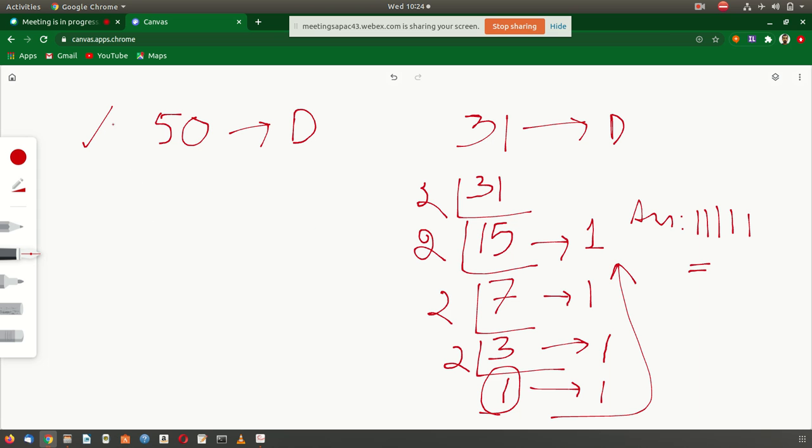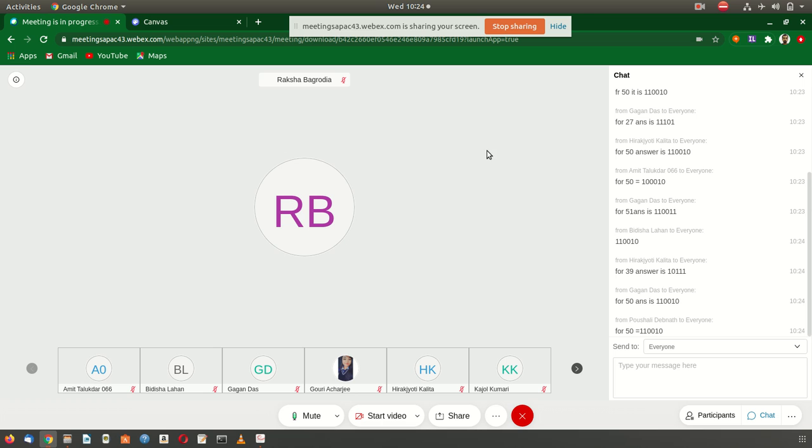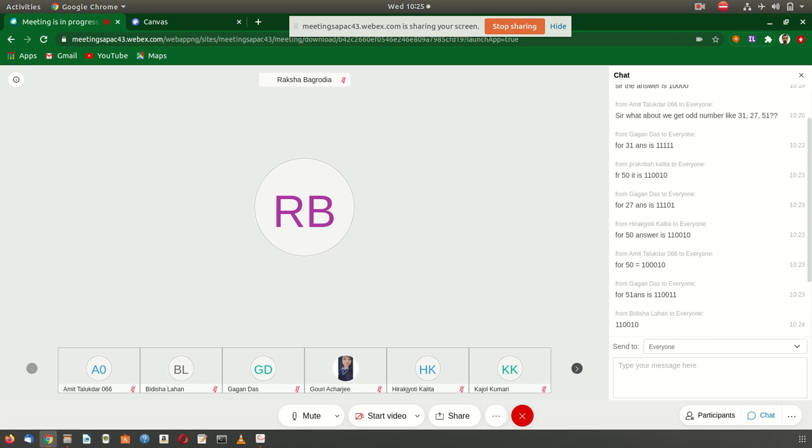Then for 50, has anyone got the answer? Someone is writing. Okay. 31 is 11111. Yes, 31 is 11111. 27 is 11011. 50 is 110010.